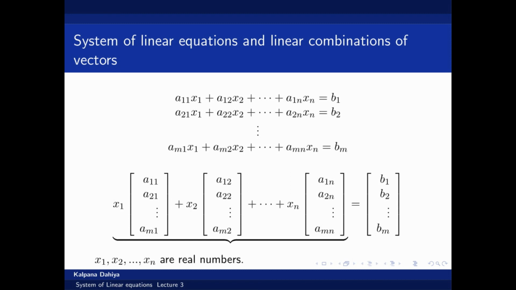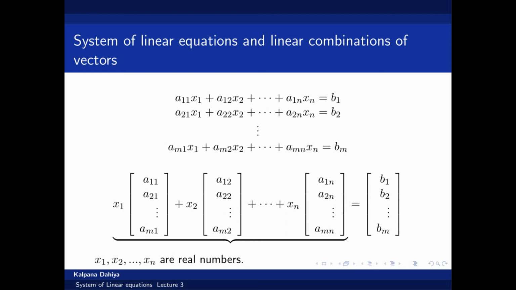So it is a12, a22 and am2, and so on. We go up to xn and its coefficients are a1n, a2n and amn, and on the right hand side we have a column vector with entries b1, b2 and bm, where all these x1, x2 and xn are real numbers.